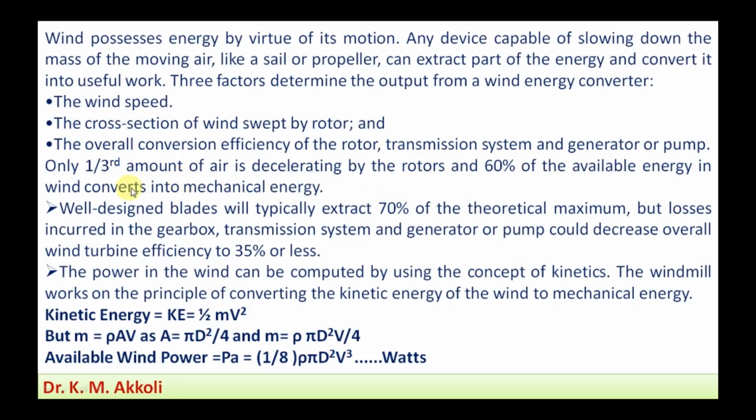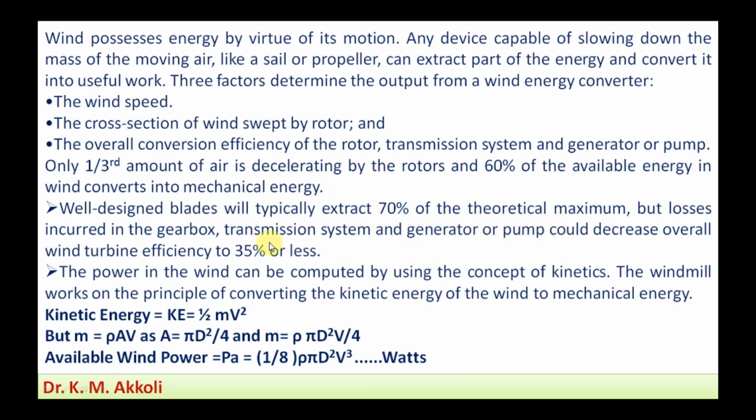Only about 1/3 of the air is decelerated by the rotors, and 60% of the available energy in the wind converts into mechanical energy. Well-designed blades will typically extract 70% of the theoretical maximum.